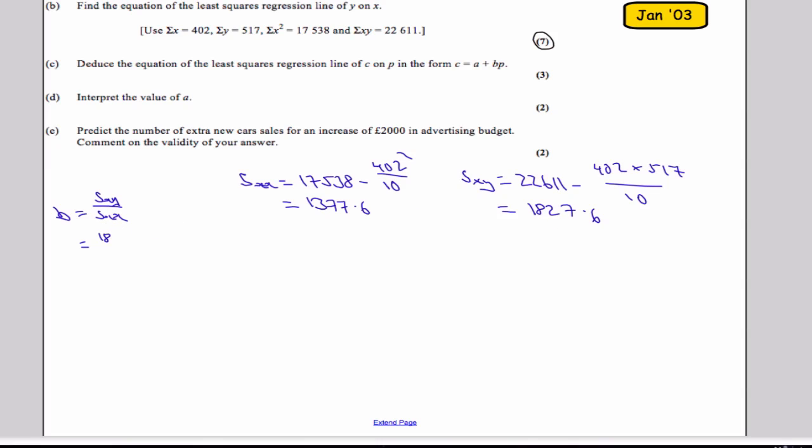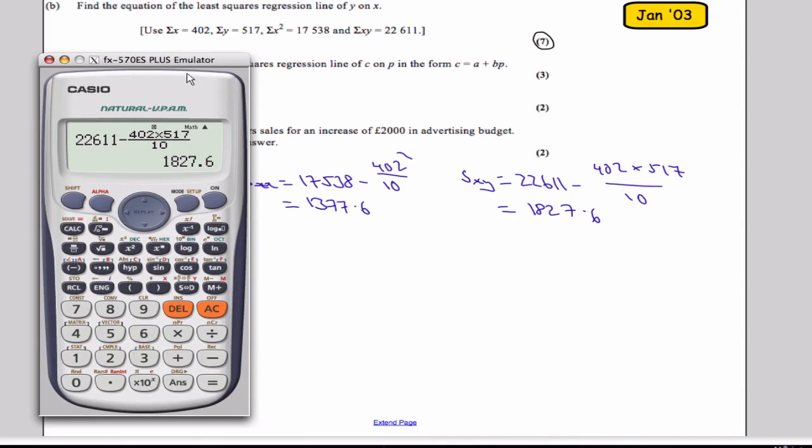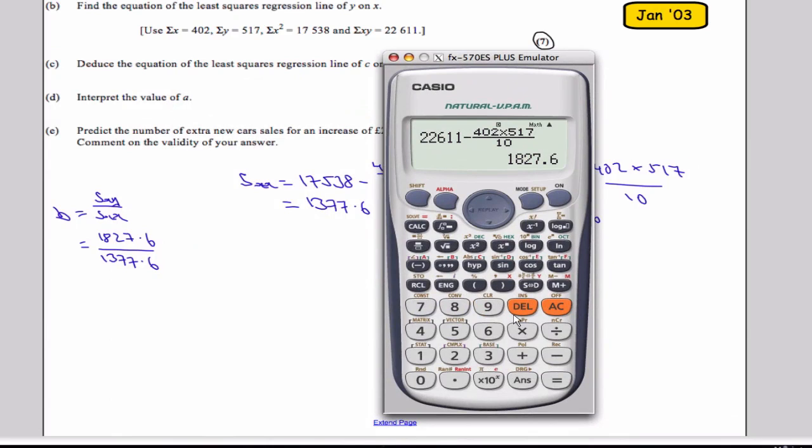1827.6 all over Sxx, which is 1377.6. So 1827.6 divided by 1377.6 gives me 1.326655052.